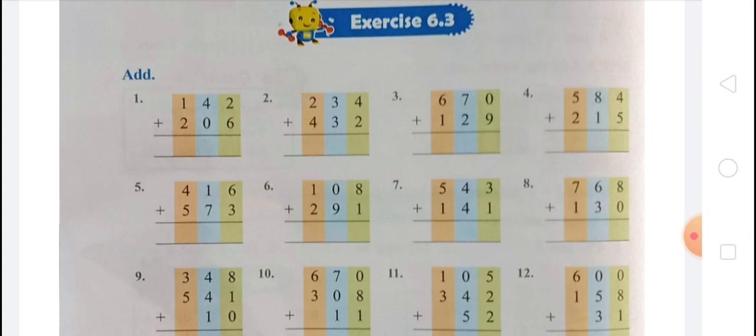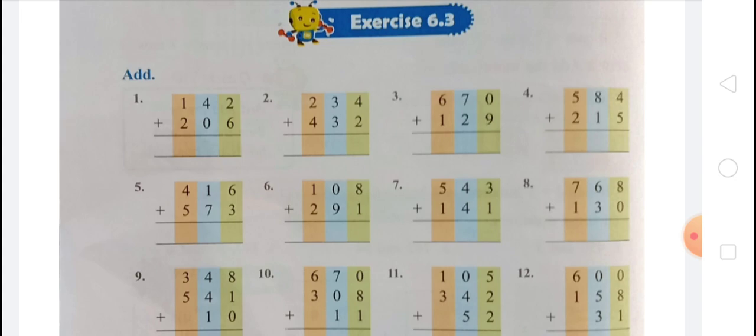And after that in the second step we have to add the tens, that are 1 and 7. So 1 ten plus 7 tens equals 8 tens. So 1 plus 7 equals 8, there will be 8. And after that we have to add the hundreds place, that are 4 and 5. So 4 and 5, there will be 9. 400 plus 500 equals 900, there will be 989.